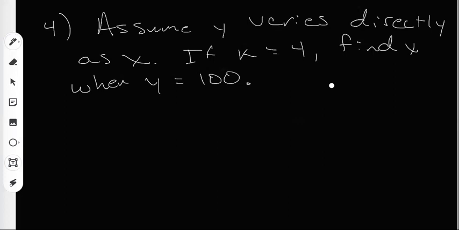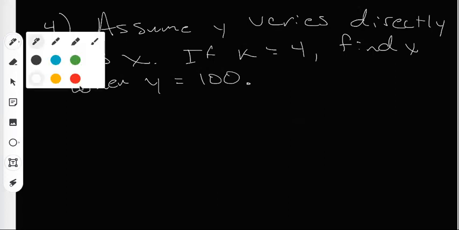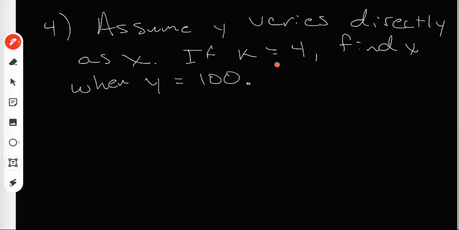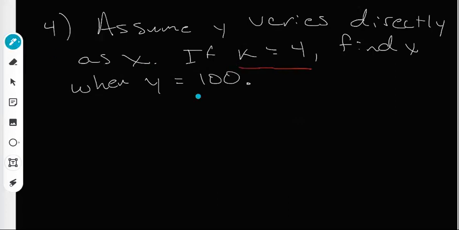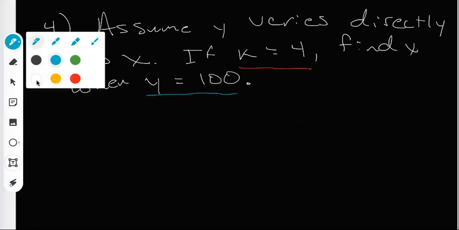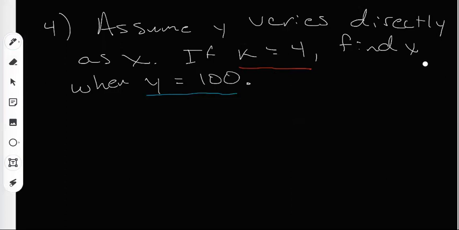So y is going to be varying directly as x. Let's go ahead and underline our information. We know that k equals 4. We know that y equals 100. Those are our knowns. What's our unknown? We're trying to figure out what x is.